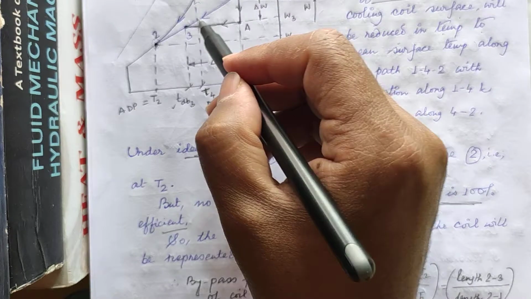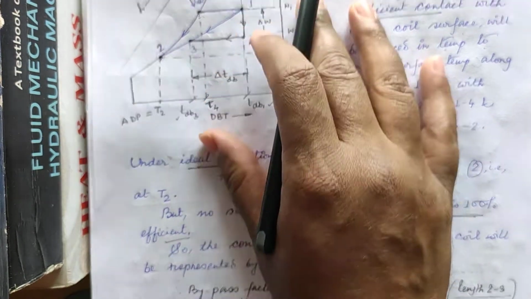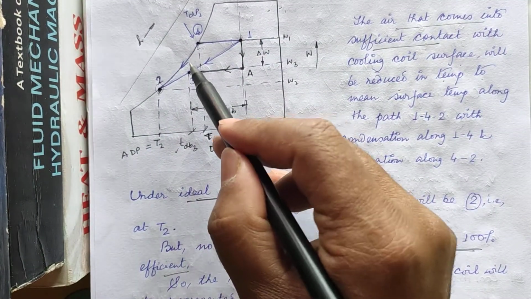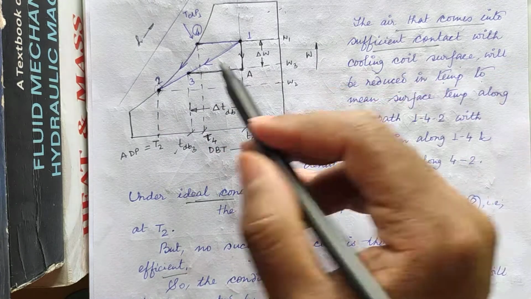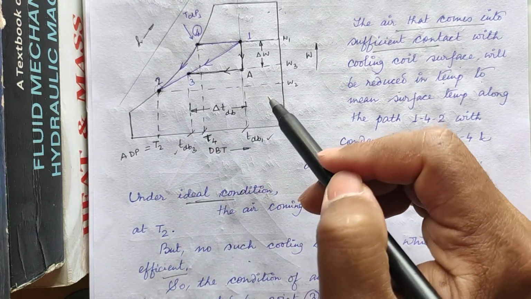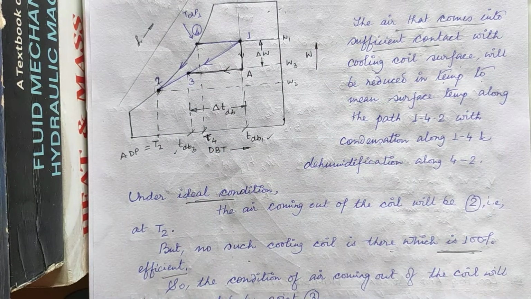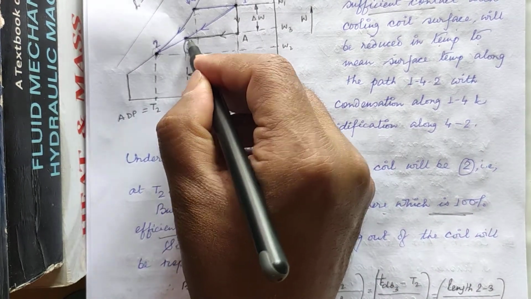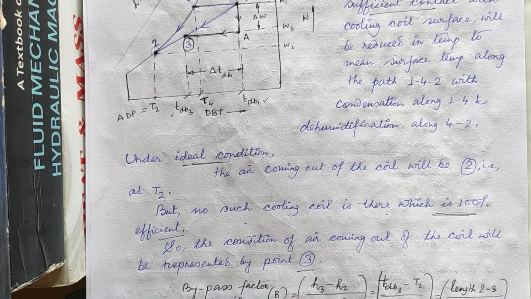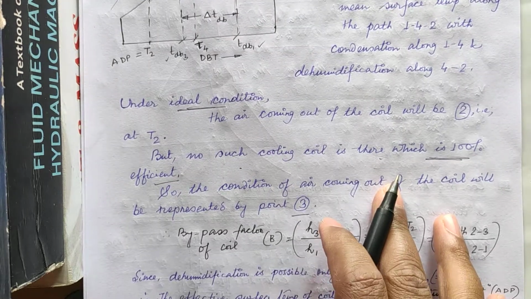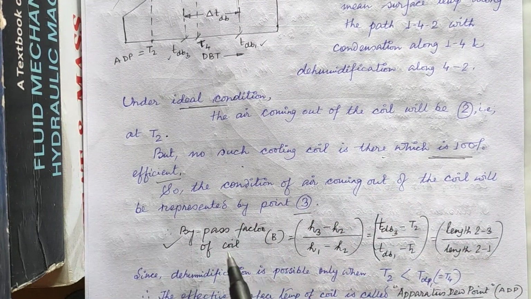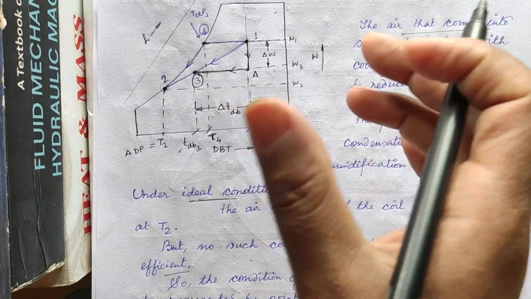That is why the condition of the air coming out of the coil will be at a temperature which is a certain degree greater than the temperature of the coil surface, which is represented by the point 3. So here the bypass factor of the coil can be defined as, so what is the actual ideal process?